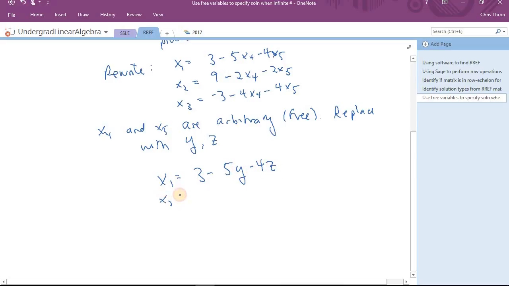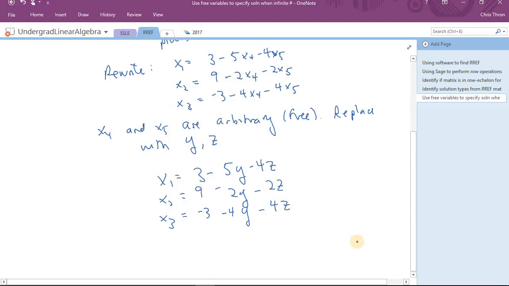This one's x2 equals 9 minus 2y minus 2z. And this one is x3 is equal to minus 3 minus 4y minus 4z.